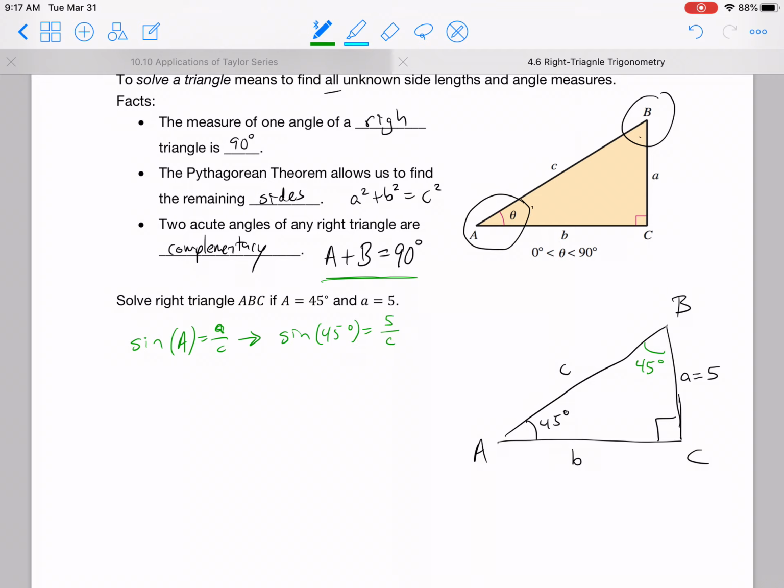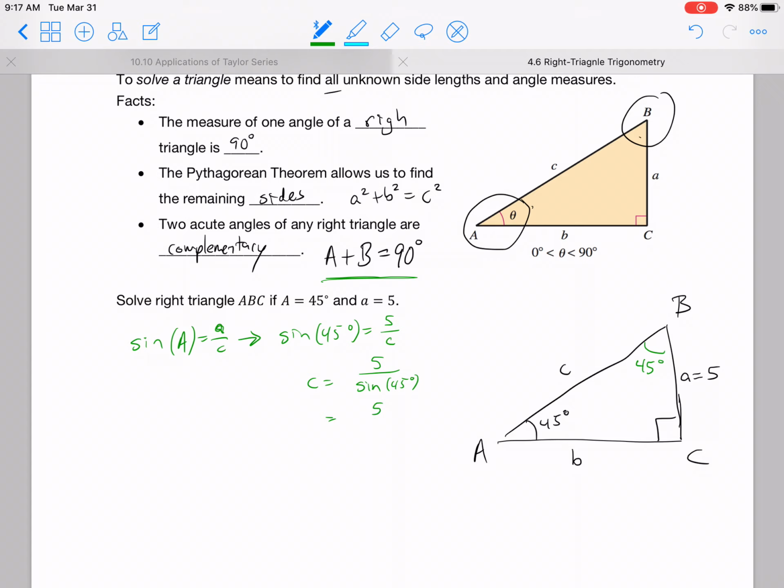Okay? And so then that allows us to find side C. C is equal to 5 divided by the sine of 45 degrees. And at this point, we should know the sine of 45 degrees is square root of 2 over 2.